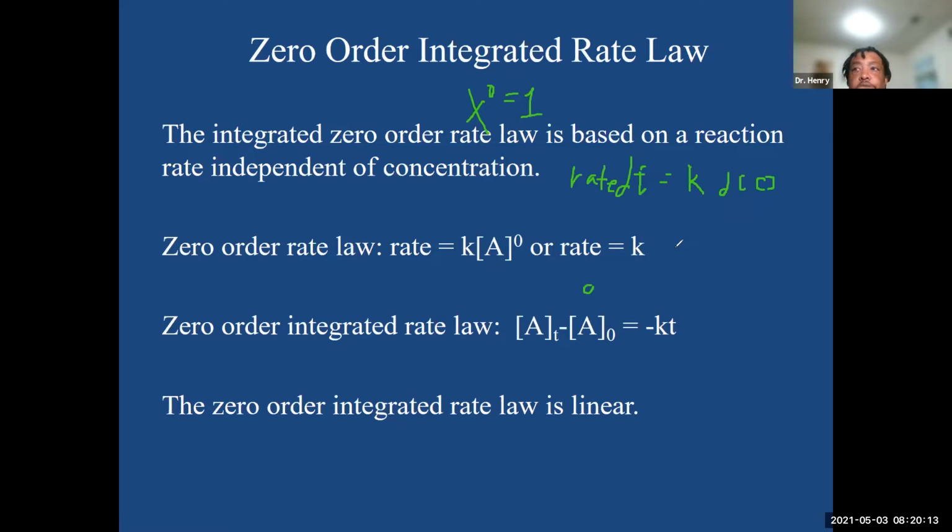If you take the integral of both sides, you end up with K times T equals the concentration, going from A naught to AT. Then you'd end up with just this part right here.